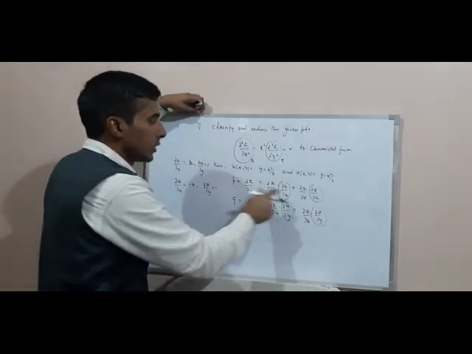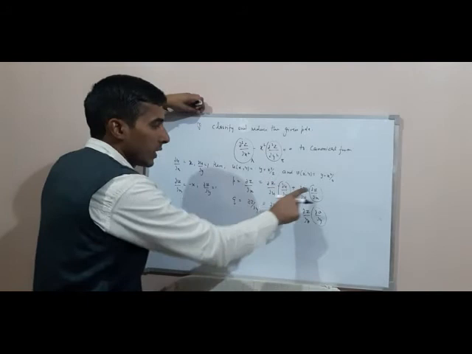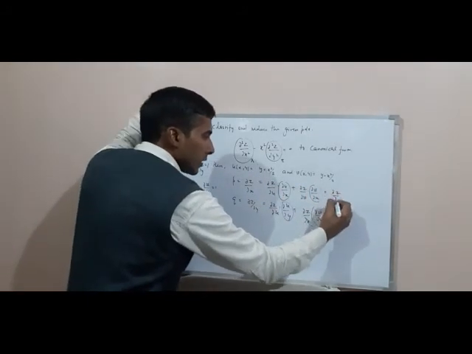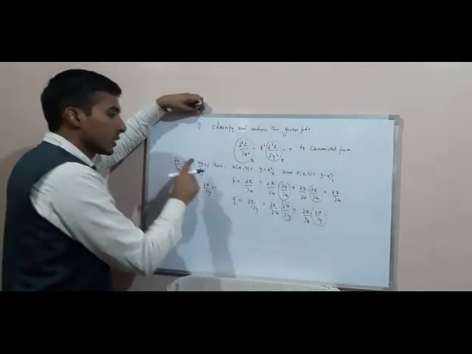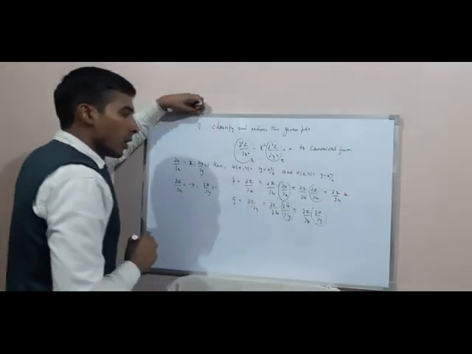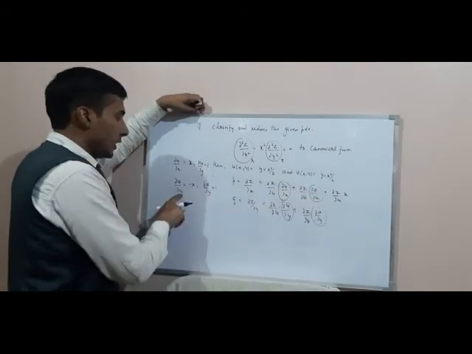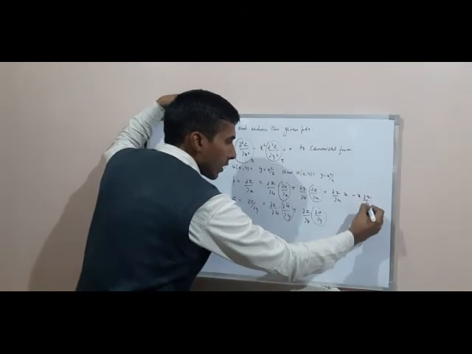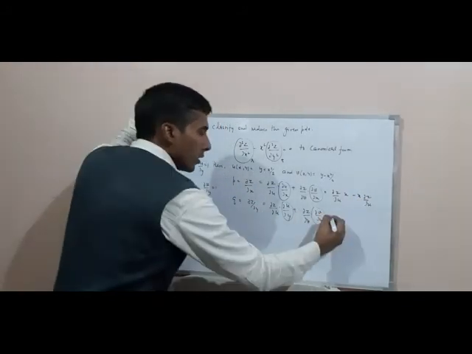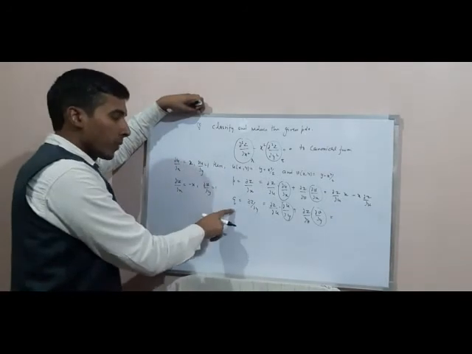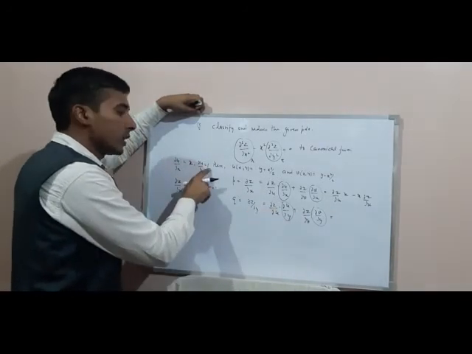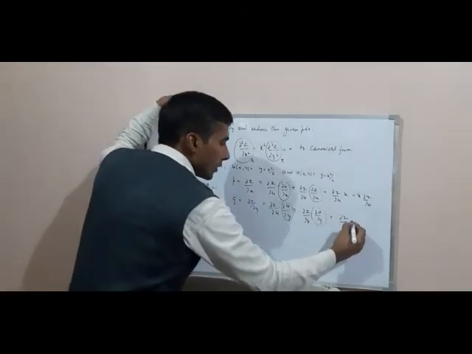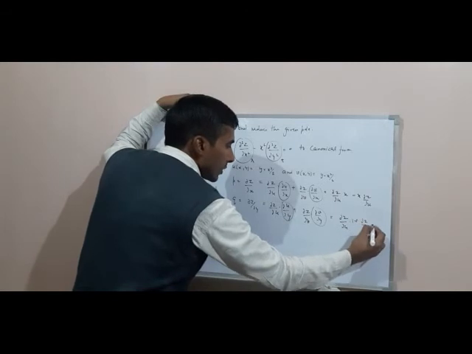Now substitute these values here: ∂u/∂x and ∂v/∂x. So we will get ∂z/∂u, and ∂u/∂x is x, and ∂v/∂x is minus x, so we can rewrite it as minus x ∂z/∂v. Now to find the value of q, we put ∂u/∂y, which is 1, and ∂v/∂y is again 1, so it can be written as ∂z/∂u times 1 plus ∂z/∂v times 1.